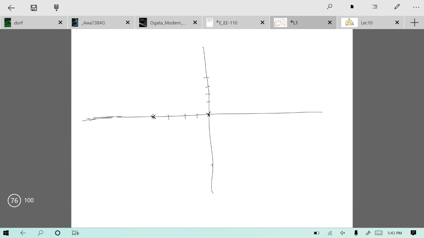So another pole over here and another pole over here, because it is plus 4j and it is minus 4j. So I have drawn the four poles for this fourth order system.